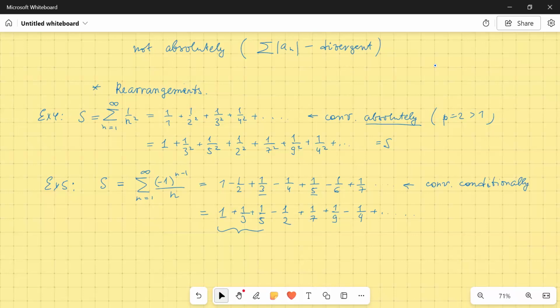If you rearrange the terms, the sum is going to be a different sum. I'm going to write down S, and the sum of this arrangement is not going to be equal to the sum of the original arrangement. If you look up in the book, it takes a while to show it, but you are going to see that it can go to any number. So conditionally convergent series are a little bit tricky. If you move the terms around, they are not going to converge to the same number.